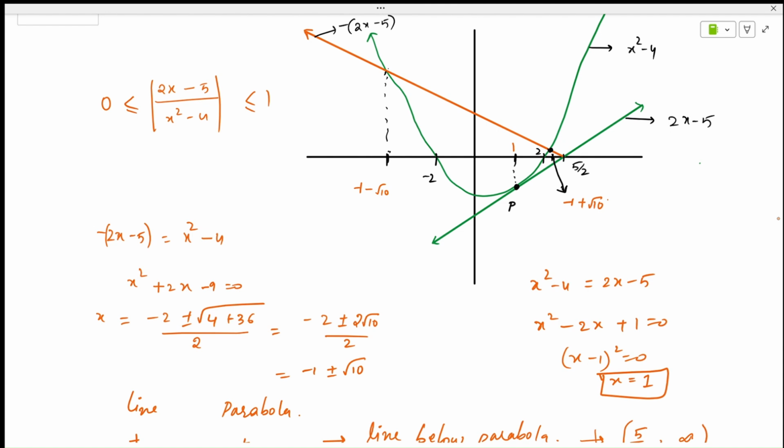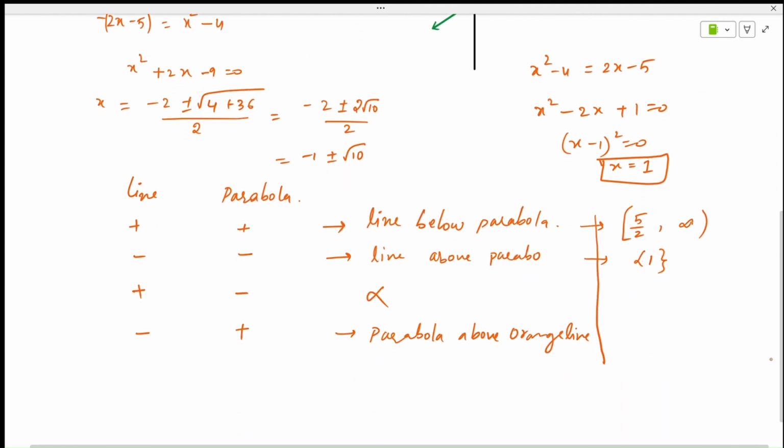So we flipped the line, we got the orange line, and from minus 2 to minus 1 minus root 10, the parabola is below the orange line. So we will not consider that domain. So we'll take from minus infinity to minus 1 minus root 10, in which minus 1 minus root 10 is possible, union.